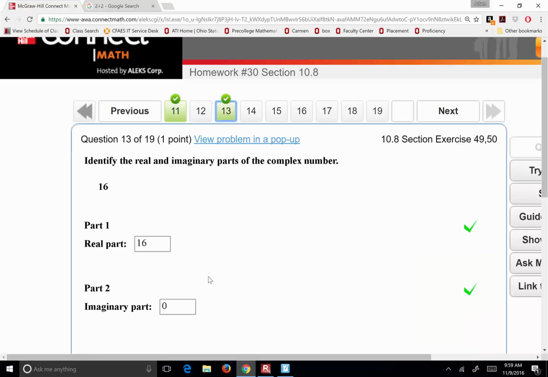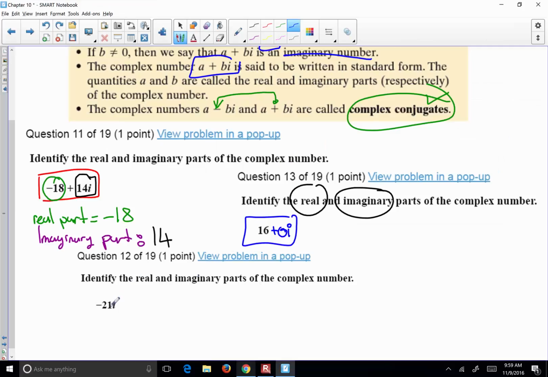Okay, going back to 12, what are the real and imaginary parts of this? This is pure i, no numbers before. So technically there is a 0 plus minus 21i here. So this is the real part. This is the imaginary part. Okay?